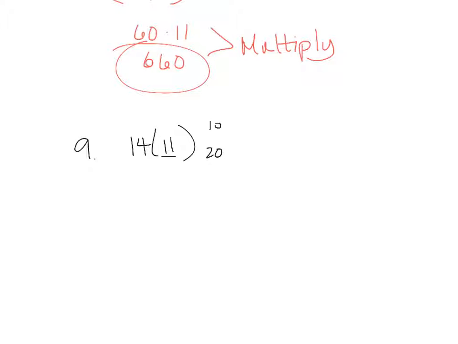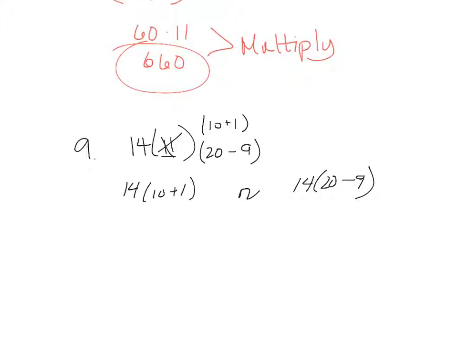Okay, to get to 11, you can add 1 to 10, or you can subtract 9 from 20. These become your parentheses now and take the place of that 11. So now you have 14 times 10 plus 1, or 14 times 20 minus 9.